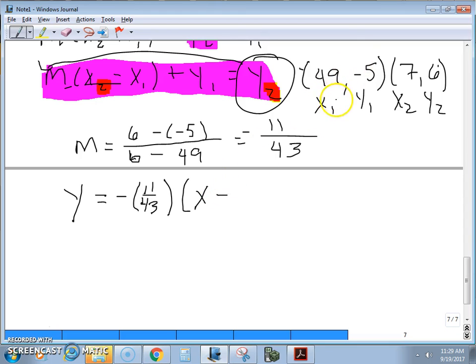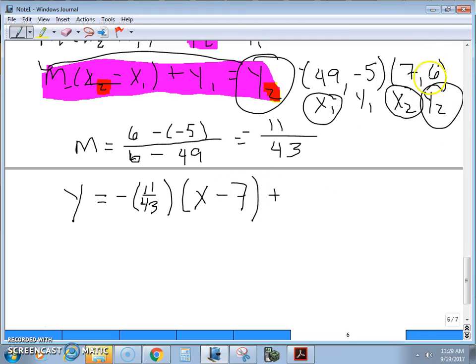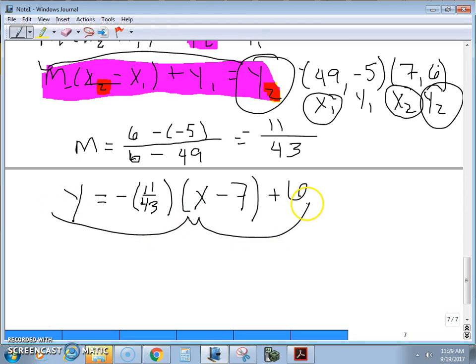And then it doesn't matter actually if we use x1 or x2. Let's use the smaller numbers. x minus 7 plus, then we have to use our y value that comes from the same point, plus 6. So we don't have a y-intercept. If we simplified this, we could find a y-intercept if we just multiply this through and then combine like terms. But for right now, we're just going to keep it in point slope form.